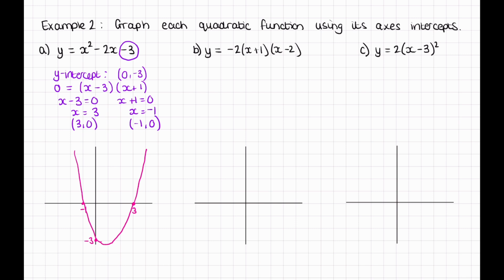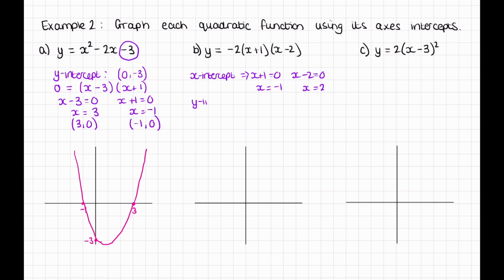B, y equals negative 2, bracket x plus 1, and then the next bracket x minus 2. Really easily we can work out our x-intercepts: x plus 1 equals 0 and x minus 2 equals 0, so x equals negative 1 and x equals 2. Then to find the y-intercept, that is when x equals 0.